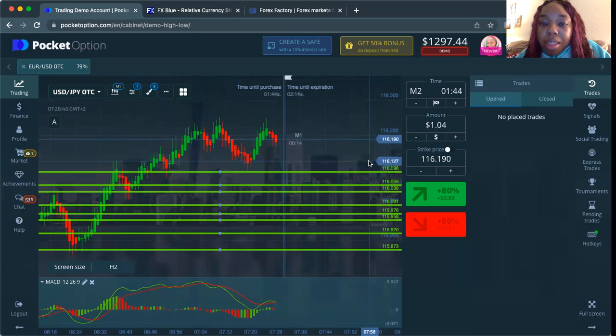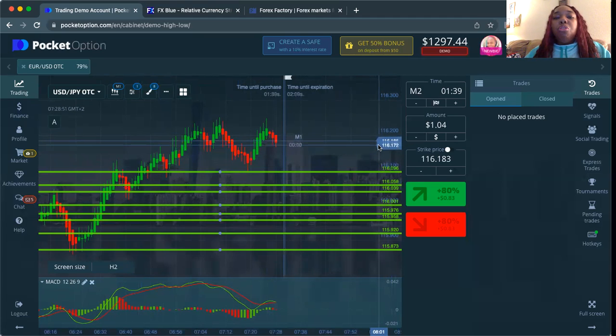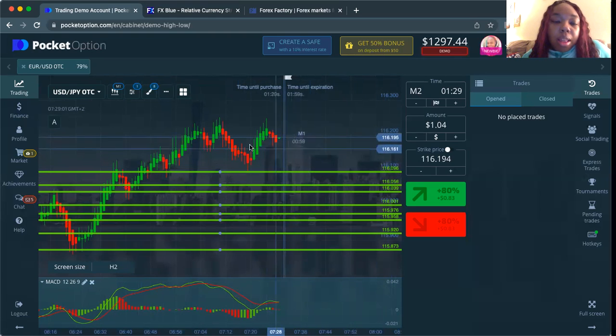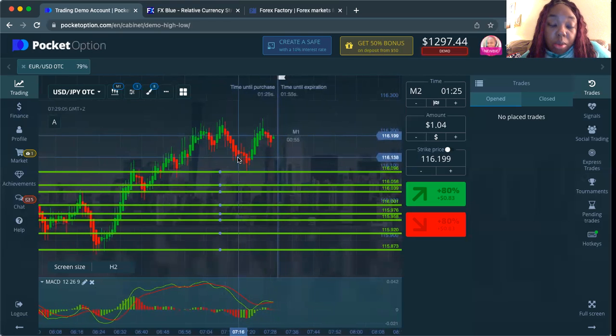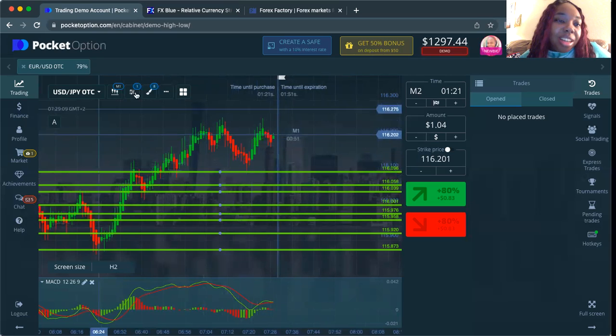Clearly, you can see now price is at 116.186. So that gives you an idea price definitely had moved up or shot up since I last marked my charts. Okay, so let's go ahead, I gotta mark some more in order to get into the trade. I just want to show y'all something.